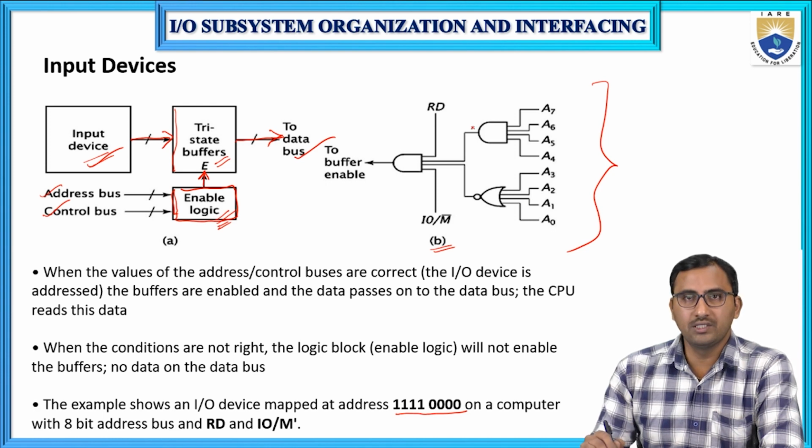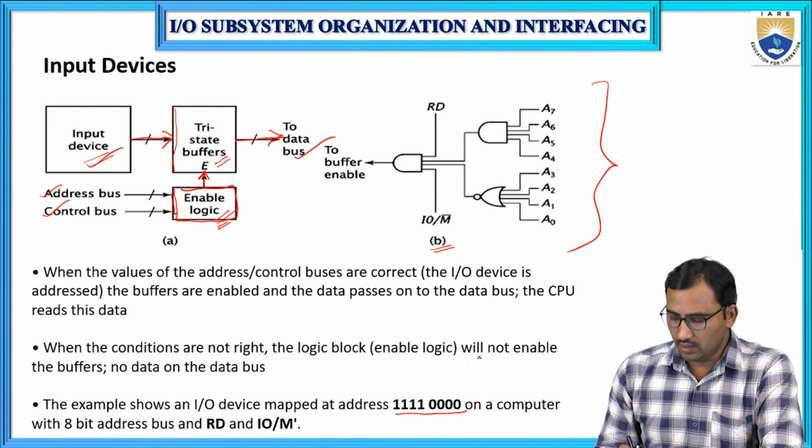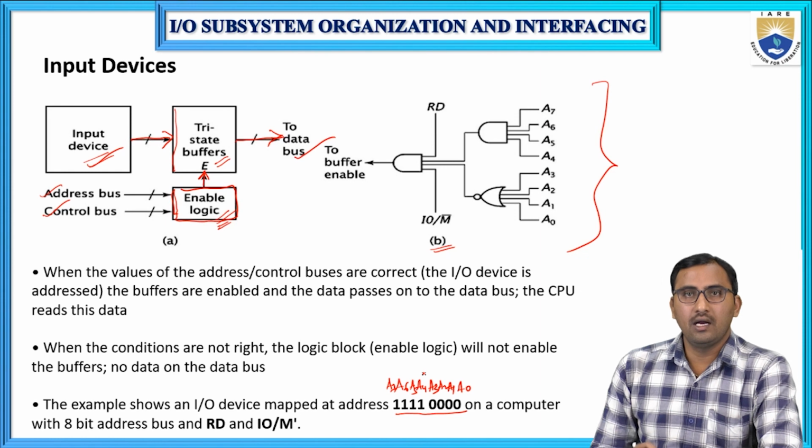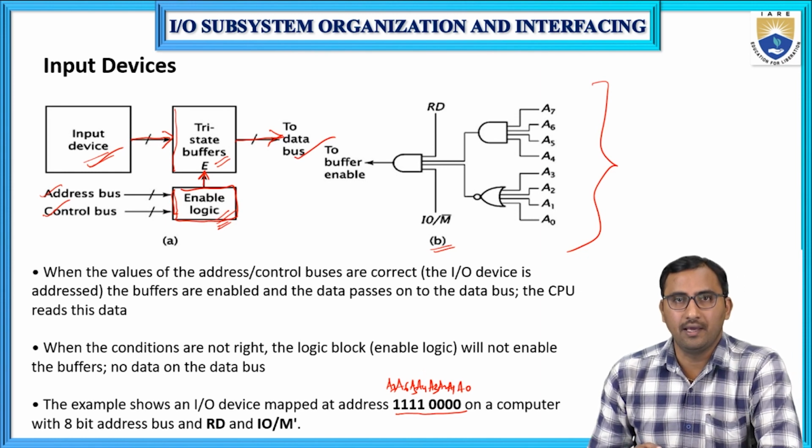Let's see how the logic works here. The address lines start from A0, A1, A2, A3, A4, A5, A6, A7. So the address size is 8-bit here.